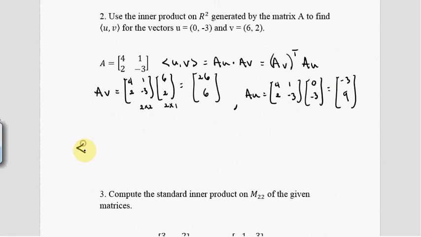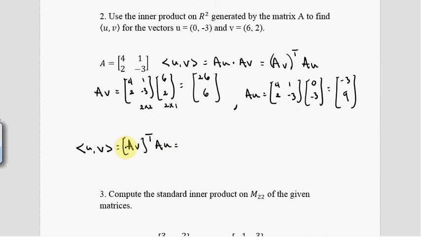So here the inner product of U with V is, you can take this and just take the dot product of negative 3 comma 9 with 26 comma 6. You get the same thing here as the transpose of AV times AU.